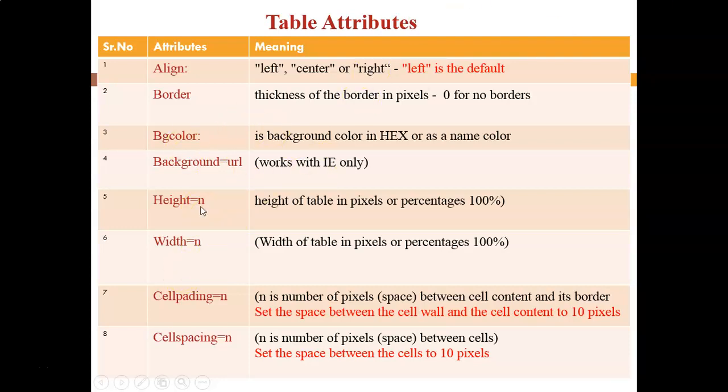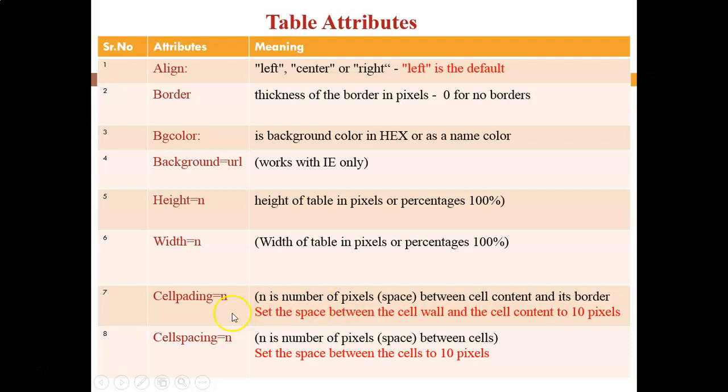It's a number of pixels. Then similarly cell padding and cell spacing. Generally these are the attributes we use for making a table: deciding the height of the table, the width of the table, then cell padding, cell spacing, and N, which is just a number of pixels.